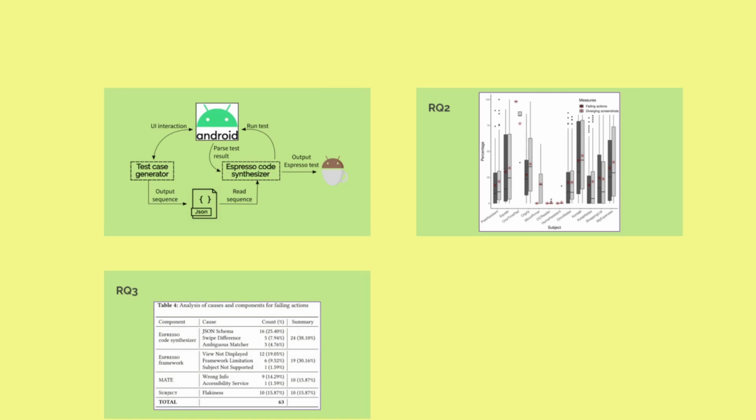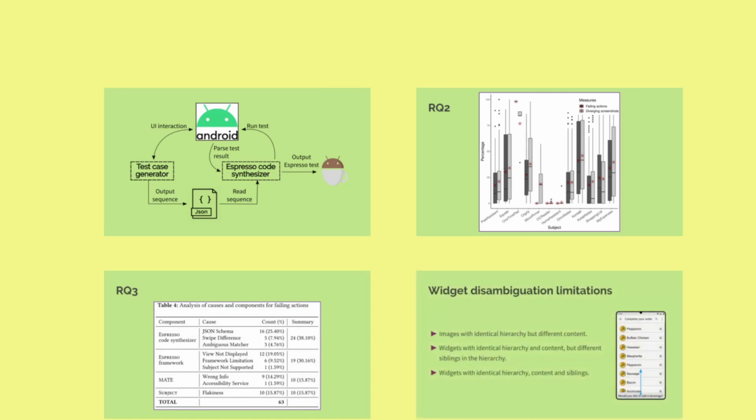Our prototype implementation and experimental results suggest that leveraging existing testing tools to generate executable Espresso tests is a promising research direction. On the other hand, our study unveils concrete challenges that will need attention before a fully fledged industrial-strength solution can be devised.